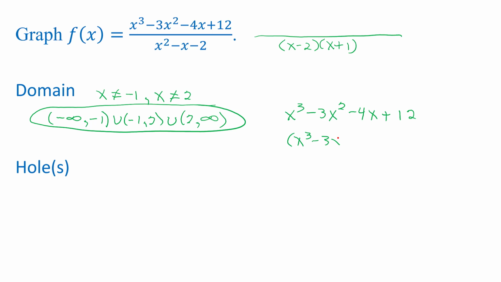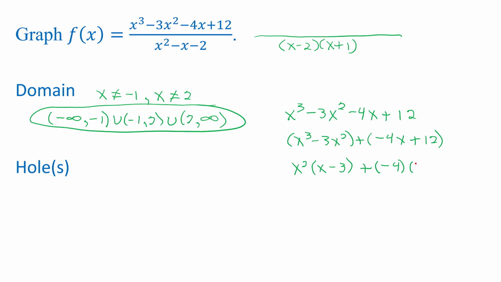If factoring by grouping didn't work, I would need to resort to finding potential rational zeros like we've been doing. So factoring by grouping, from x cubed minus 3x squared, the greatest common factor would be x squared. So I have x squared times (x minus 3). From -4x plus 12, I can pull out a -4.